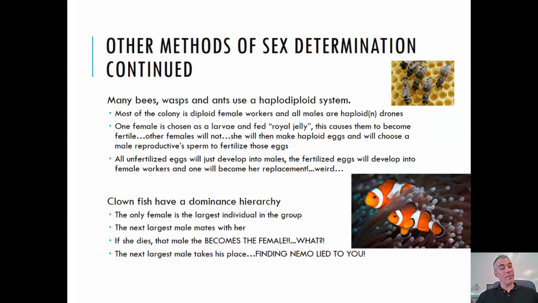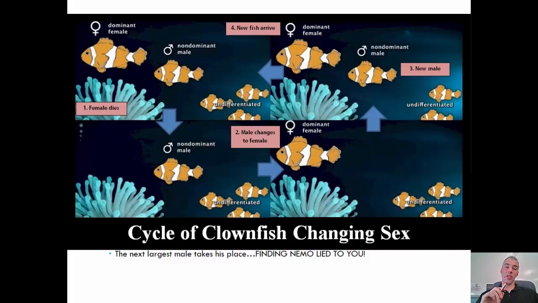Even more bizarre is clownfish. Now, Finding Nemo lied to you, because what should have happened after Marlin's wife died is he should have become a female, and then he would have mated with other clownfish, because the only female in clownfish is the most dominant individual in the chain. She will lay the eggs.